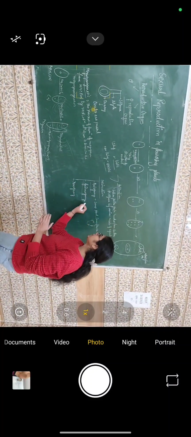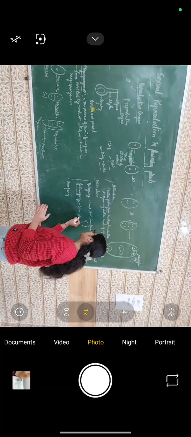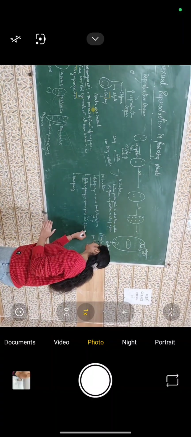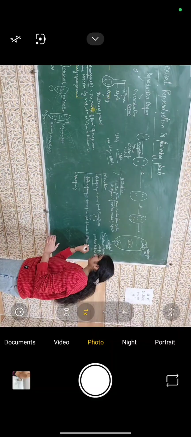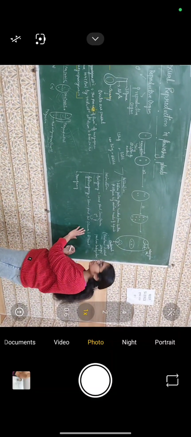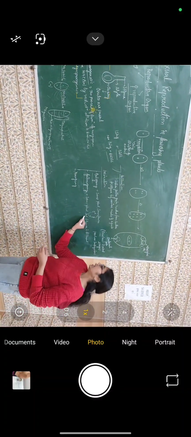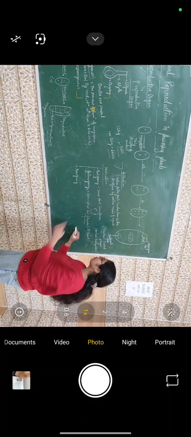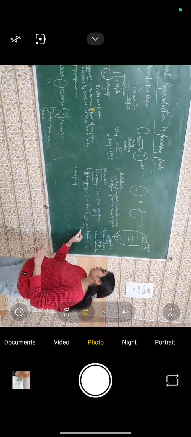In geitonogamy, the plant is the same but the flower is different. In the same plant we have two flowers and both flowers consist of male reproductive organ and female reproductive organ, and the anther of one flower will ooze out its pollen grain and that pollen grain will reach the female of another flower.